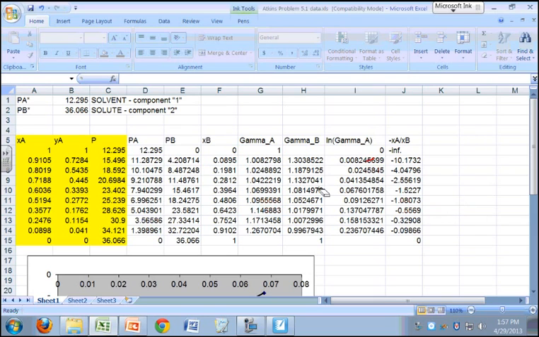You can see over here that gamma sub A is just equal to, I entered the formula here. Oops, pressed the wrong button. Okay, the formula here is just 1, because P star A over PA, so that really should be PA divided by P star A. Okay, so that's 1.